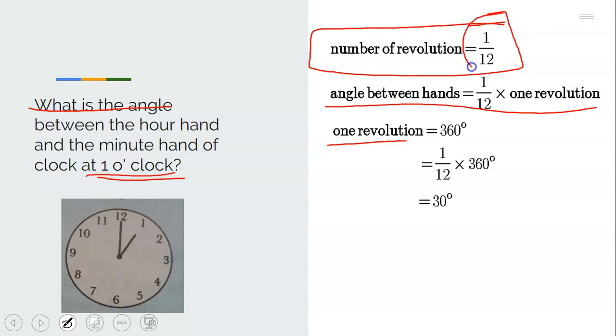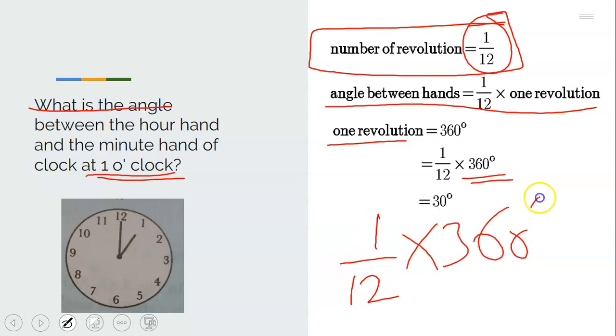Now, convert this fraction of revolution to degrees by multiplying it with 360. That is 1 over 12 times 360. 12 into 12 is 1, 12 into 360 is 30. That means the angle turned is 30 degrees. That is how to convert revolution to degree.